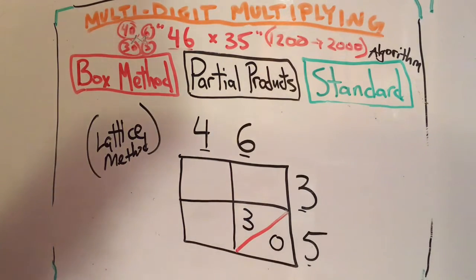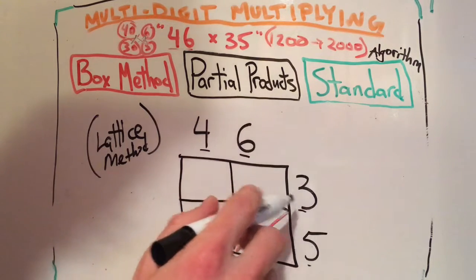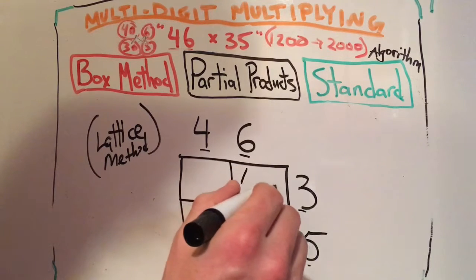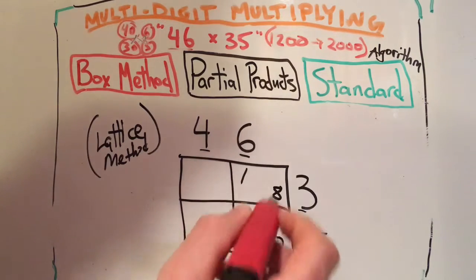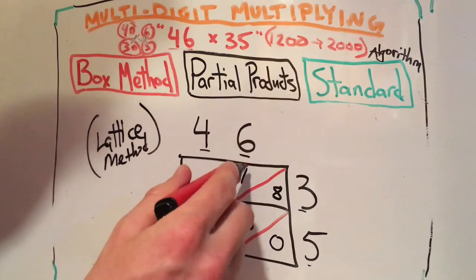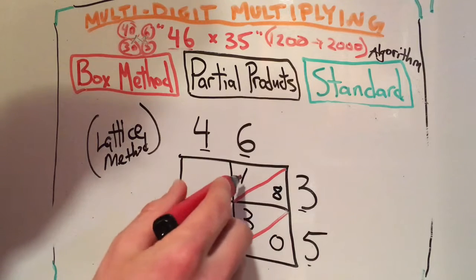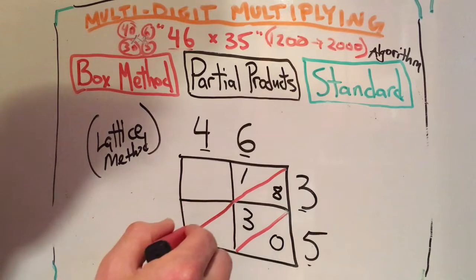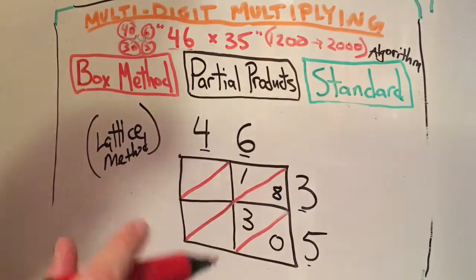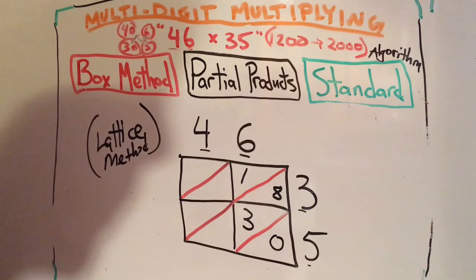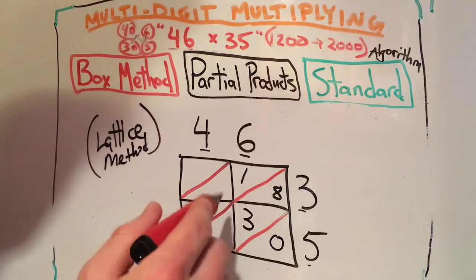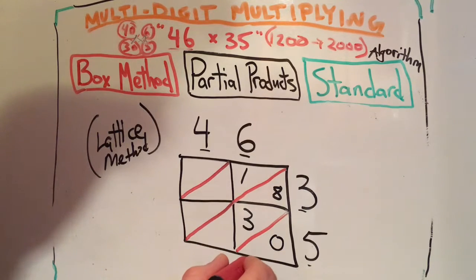When we multiply the 6 times the 30, we're still going to get 6 times 3, 18. But we're going to do it in a way that keeps this 180 by putting this in a special diagonal column that makes kind of a lattice pattern, the way sometimes a fence will be made with a lattice pattern, so that diagonally there's going to be place value columns.